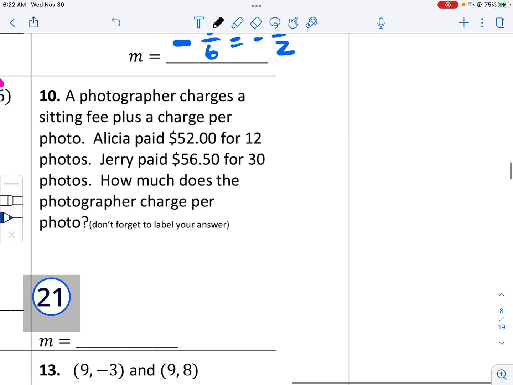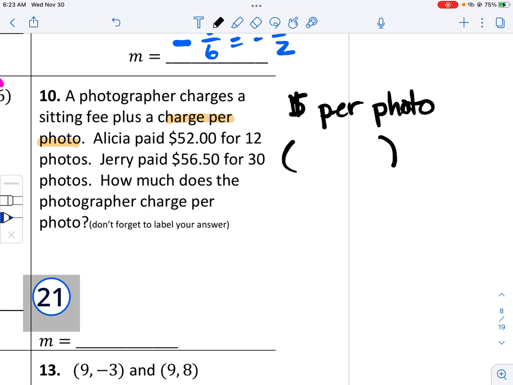This next one, a photographer charges a sitting fee plus a charge per photo. Alicia paid $52 for 12 photos. Charge per photo, that's money per photo.